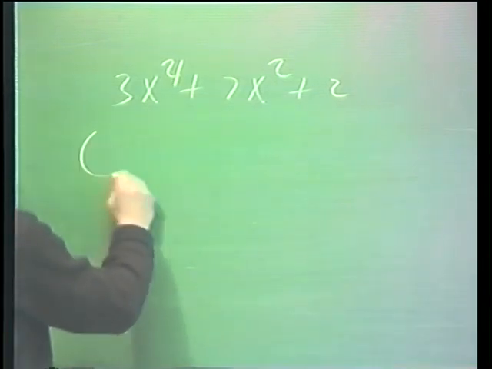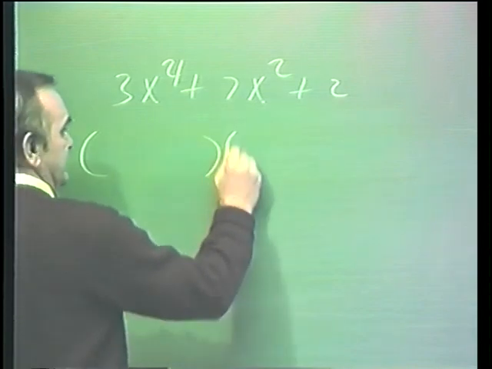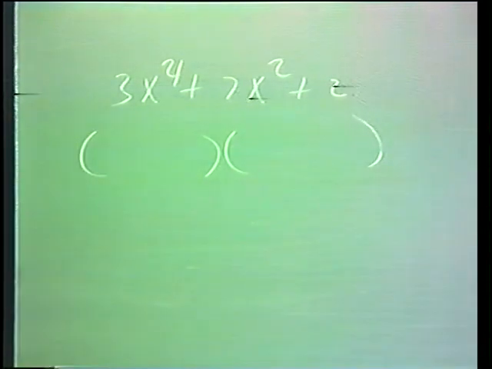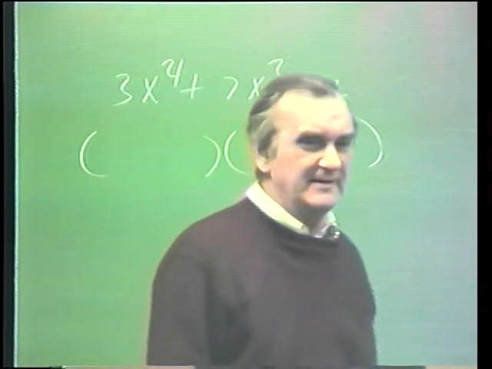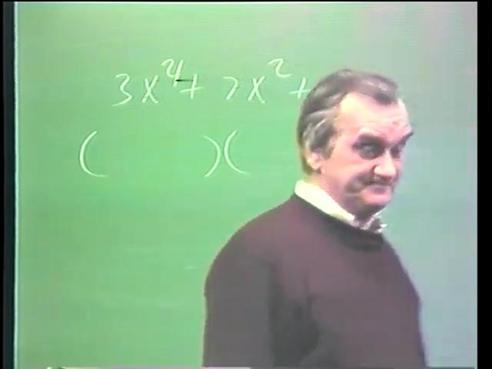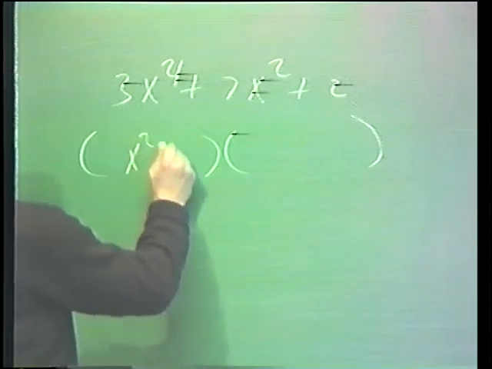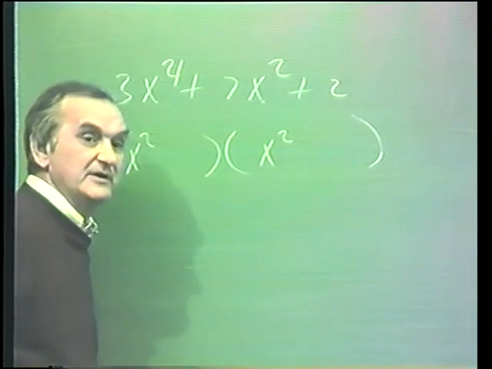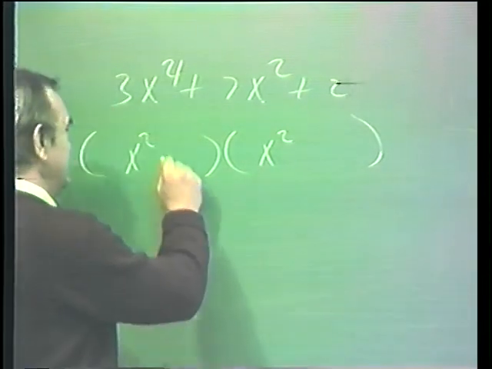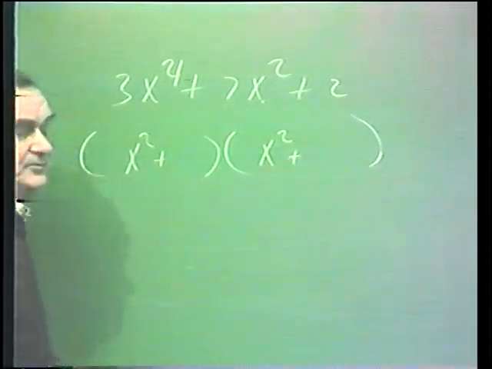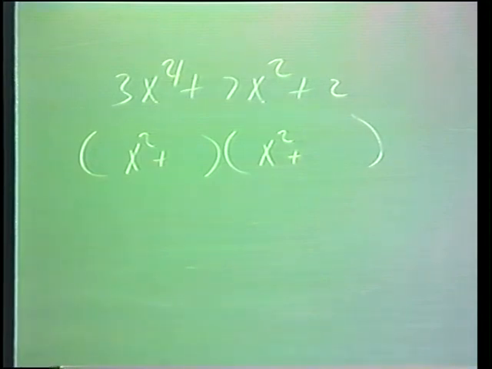Therefore, if it's factorable into two quantities, we put in what we know for sure we're going to have in these parentheses. Tony, what do you know for sure you're going to have in each of these parentheses? X squares. Both are x squares. What else do you know for sure? Positives.